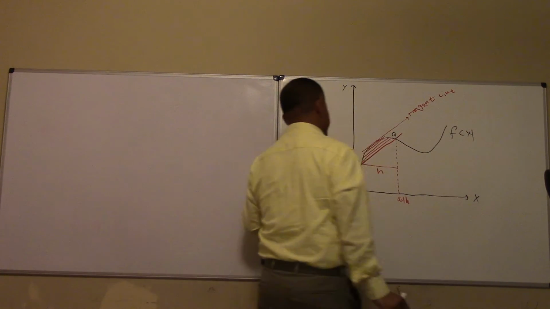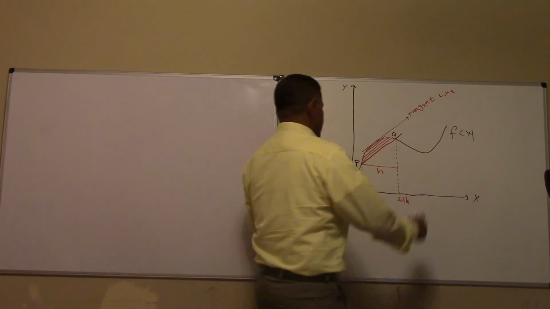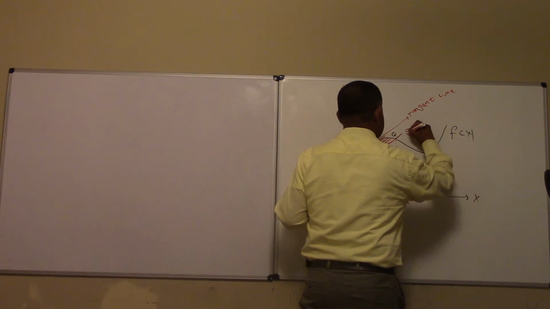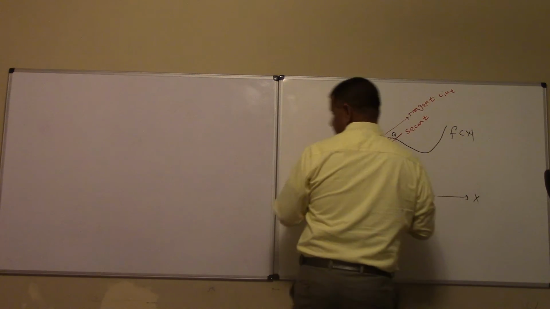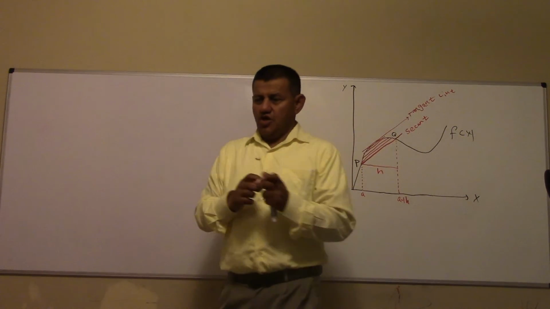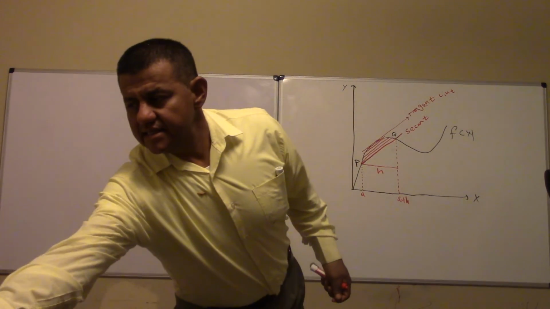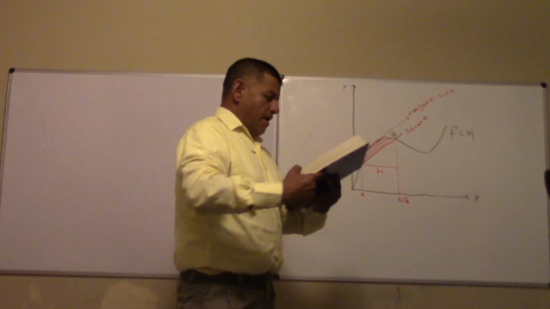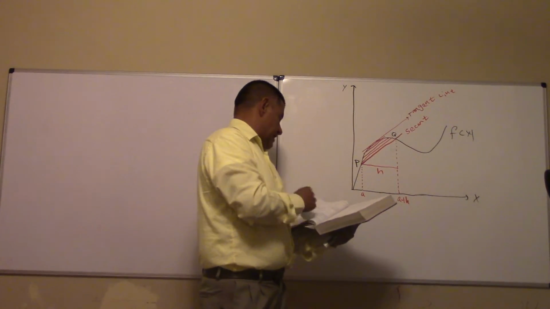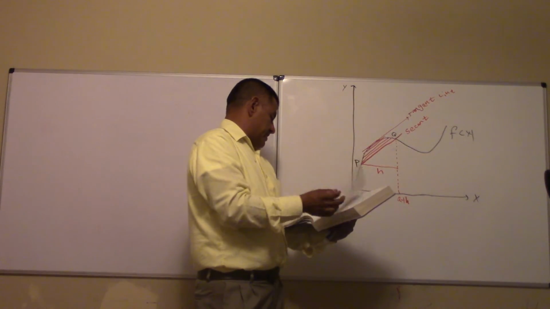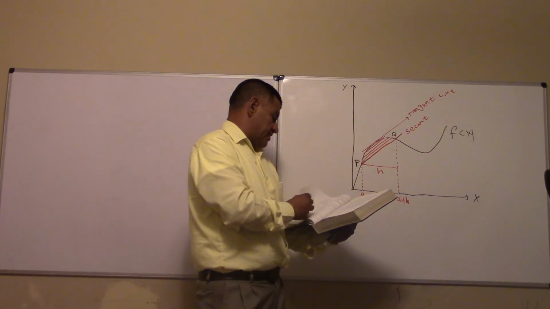This right here is called the secant line. My graph doesn't look like the book because I didn't copy directly from the book. I did my own graph.